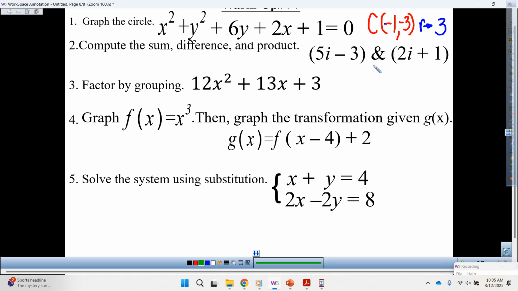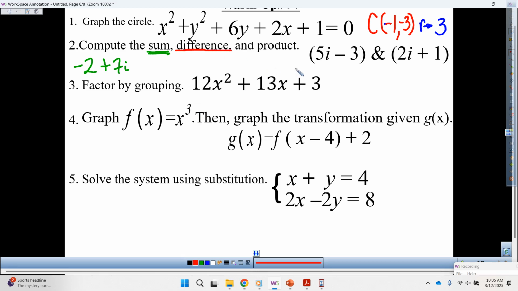All right, let's go to the sum of those. You know how to graph that. Go to the sum. Pass on one, Mariah, for the sum. Mario. Negative 2 plus 7i. That is correct. Mario, let's go.